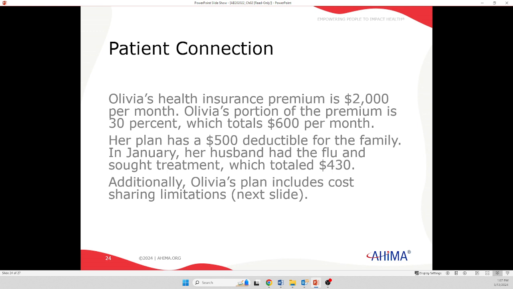In January, her husband had the flu and sought treatment, which totaled $430. So the husband has already paid $430 out of the $500 deductible for the family.